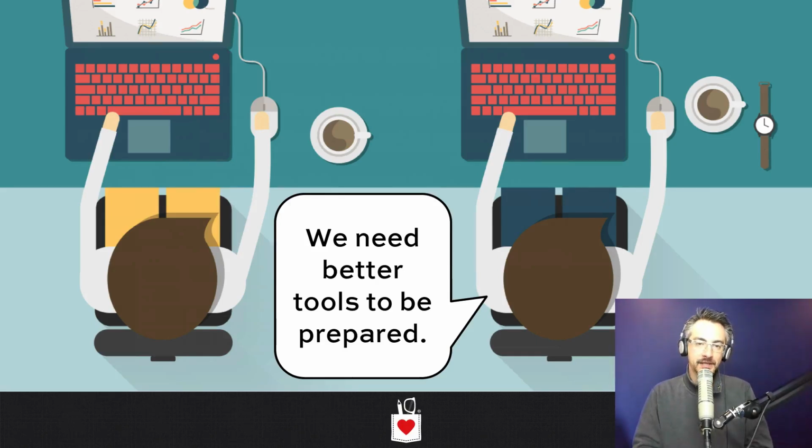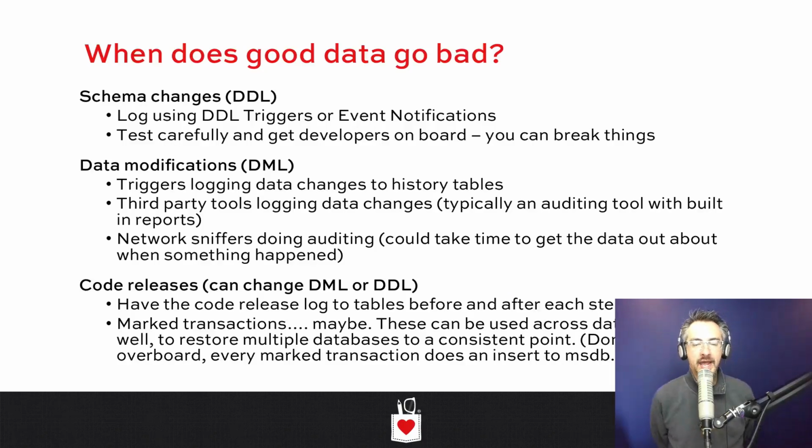So I want to step back and think about, when do oops happens? When does good data go bad? One way that it can happen is when you do DDL. If somebody goes in there and alters a table or drops a table, you can do DDL triggers so that whenever someone does a drop table or someone alters a table, adds columns, drop columns, you can capture the statement that they did.